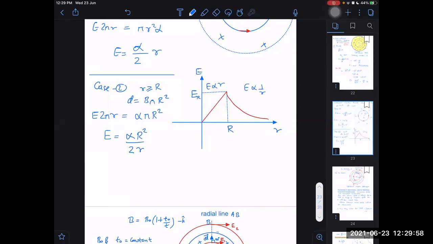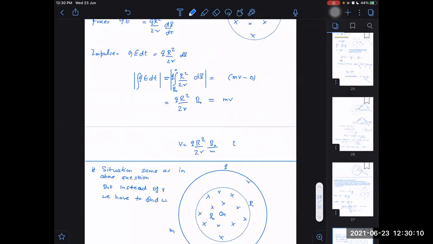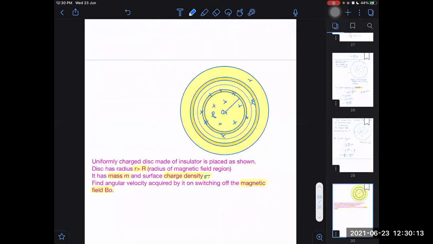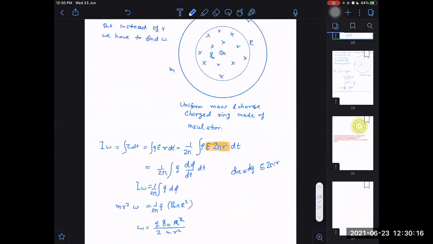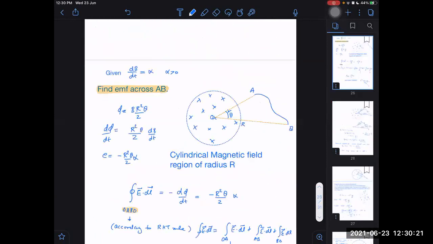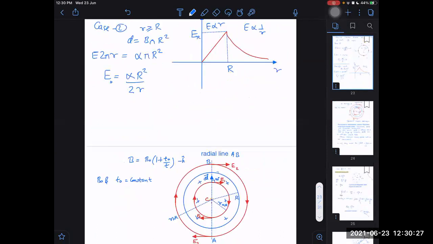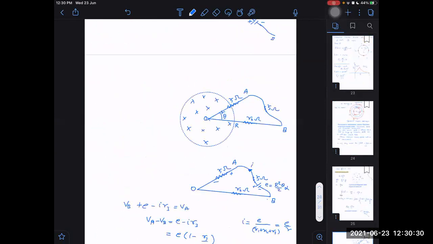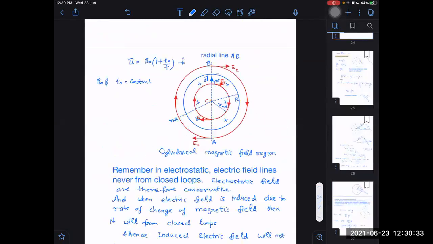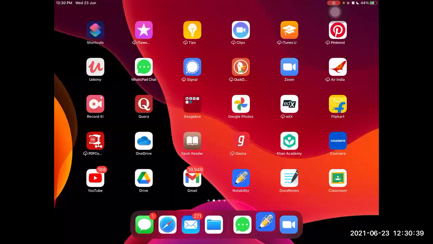So now what I want you to do is, let us say this is E inside and this is E outside. Just use these E inside and E outside values in that expression which we are doing here, below this one.